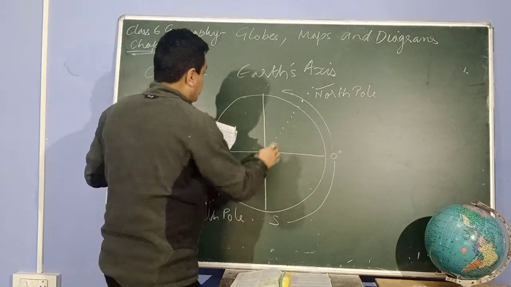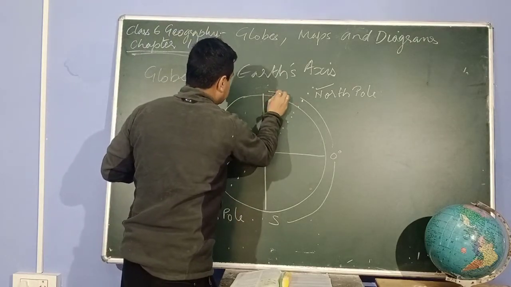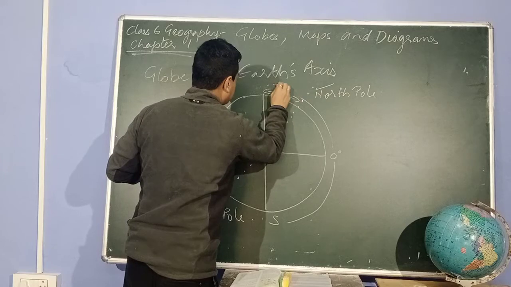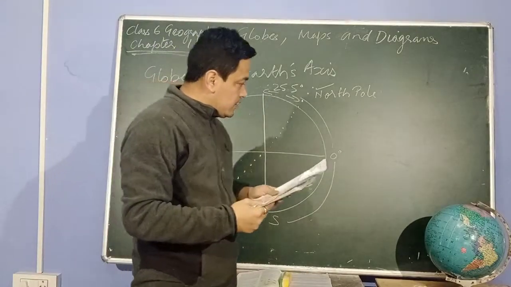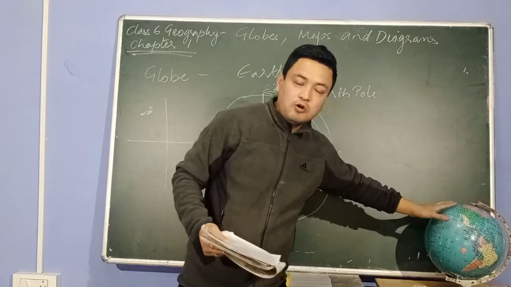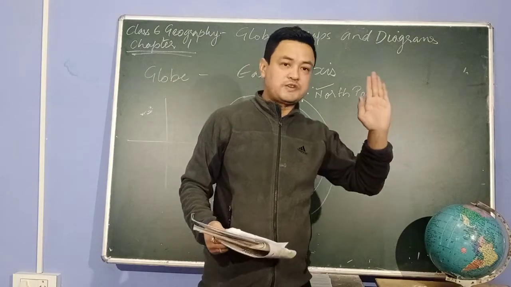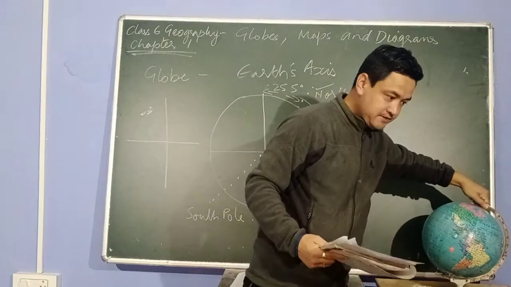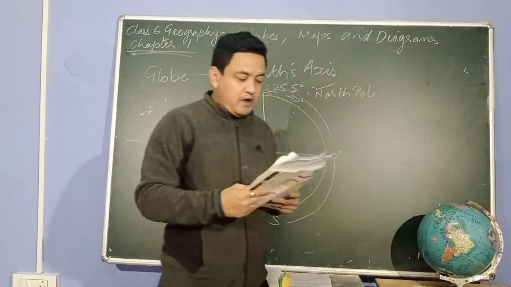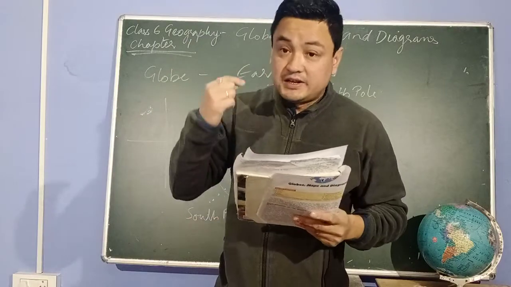And the difference here is basically 23.5 degree. So if you see this globe, you find the globe is also a little bit tilted. It is not straight. It's a little bit tilted. So axis of our Earth is not vertical, but it is inclined.